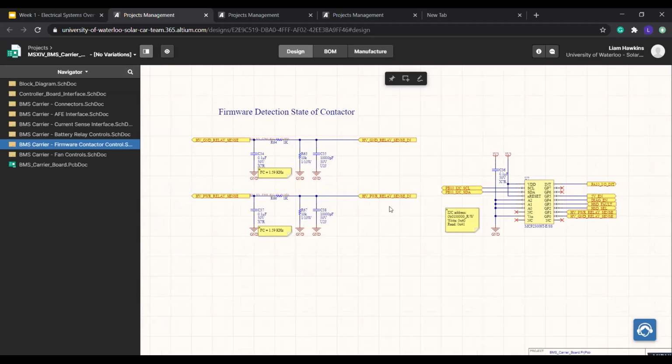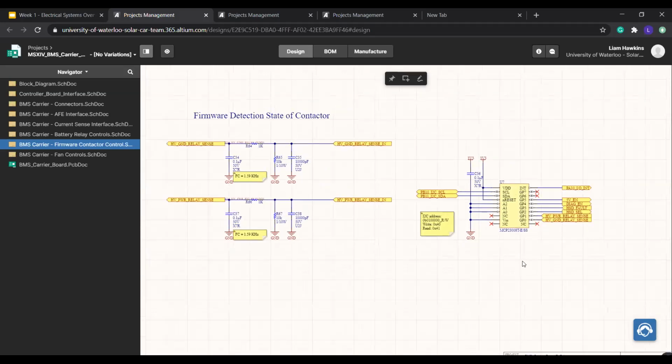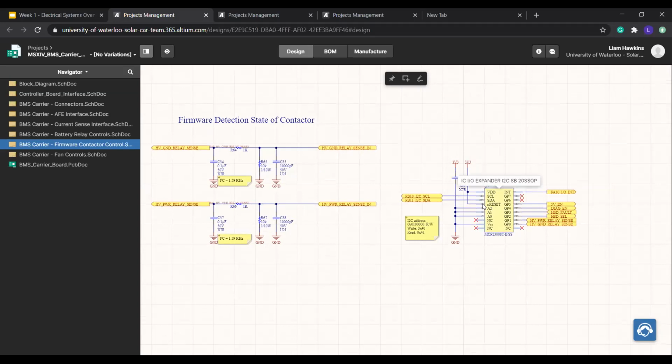This is important because it's possible for relays to fail if the contacts get welded shut, or sometimes they can just become oxidized and then the relay won't close properly. So this will let you detect that. Here there's just some low pass filtering that happens, and that goes to an input-output expander, which then communicates to the controller board over I2C.